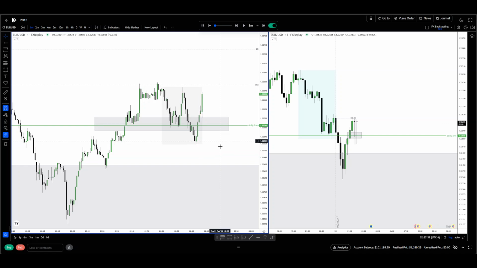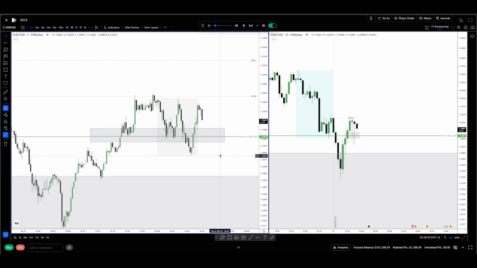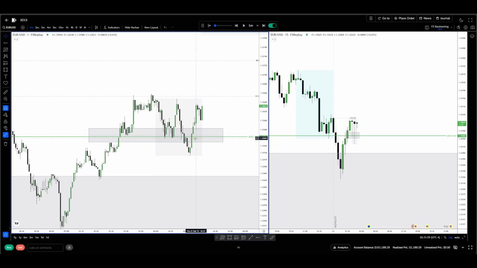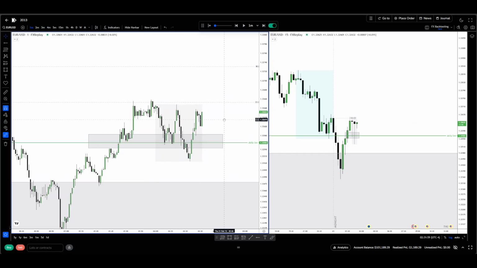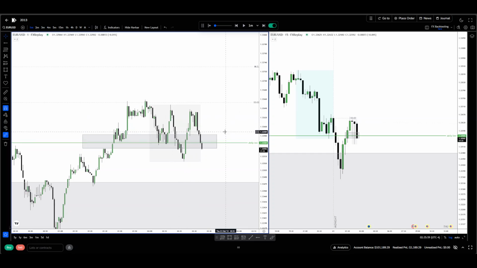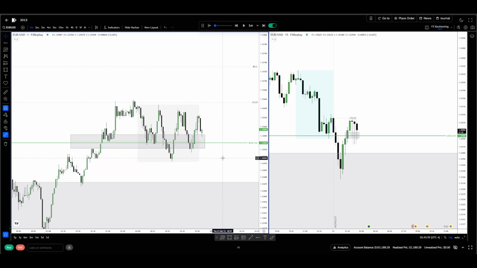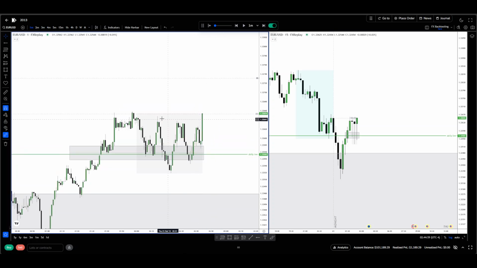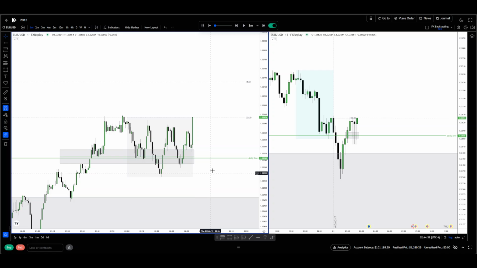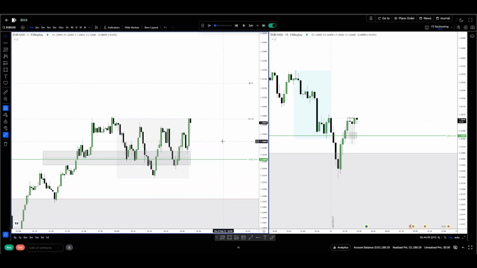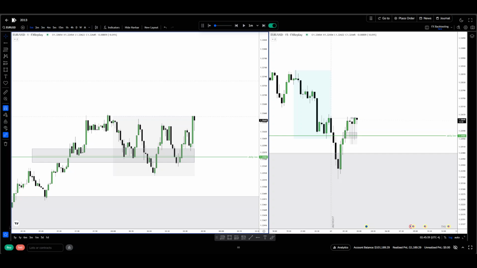Now we took liquidity. And now we have a change in state of delivery again. We did not break any high yet. Really trying to follow our rules. Price is now consolidated, and now we have displacement above a few highs. And price did not break this low right there, so this makes an institutional market structure. I want to long this.